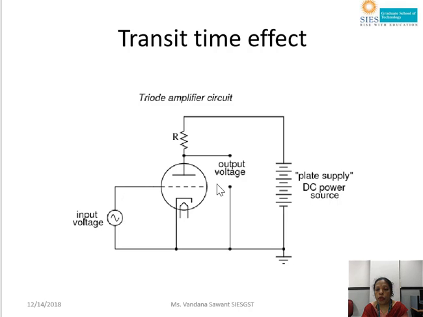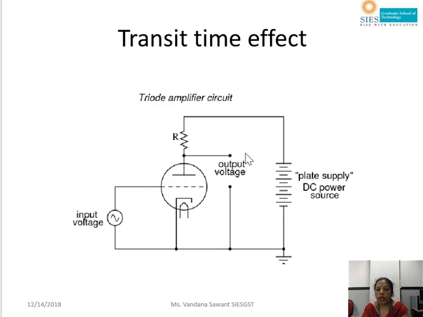Actually, to have proper operation, the time taken by an electron should be only a small fraction of the time period of the AC signal. That is not happening at higher frequencies. Because of that, the electrons oscillate between the grid and the cathode, and there is a great reduction in the output voltage or output power.